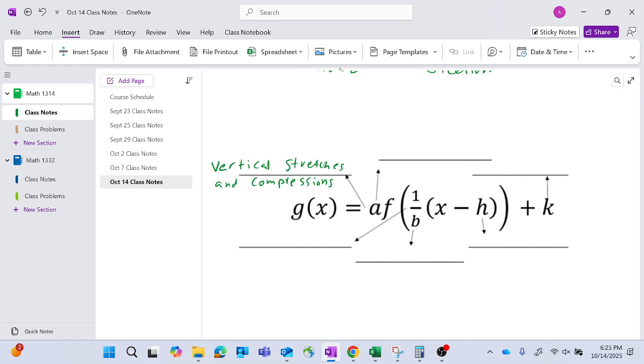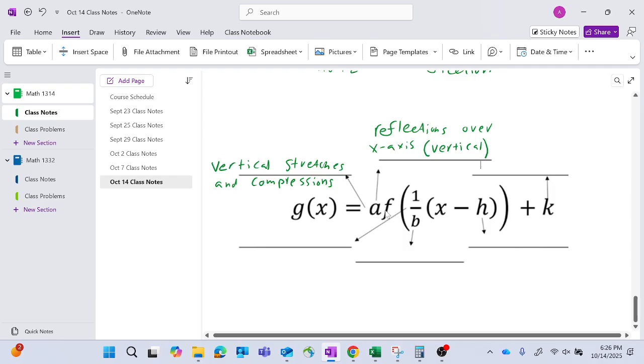And it also tells you reflections over the x-axis. This is the vertical reflections. That's why I like to use the word vertical here, because the number in front of the function itself does everything vertically: vertical stretches, vertical shrinks or compressions, vertical reflections. Okay?